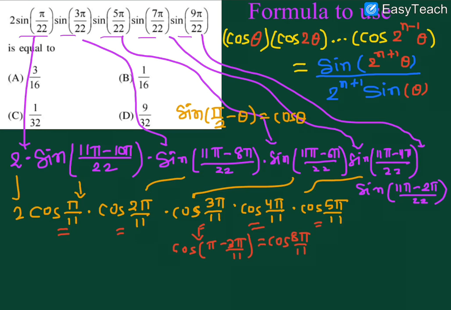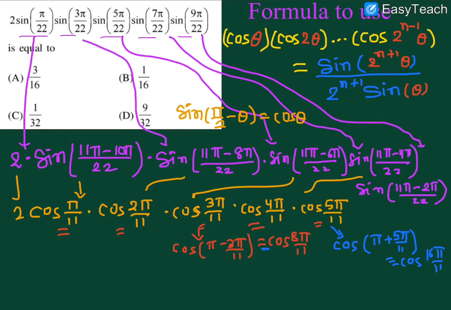Similarly, if you look at carefully, then this term we can write as cos of pi plus 5 pi by 11. Since cos of pi minus theta and cos of pi plus theta both is minus cos theta, we should have a minus sign here, and this will be minus cos of 16 pi by 11.